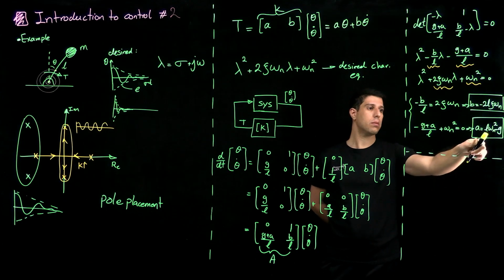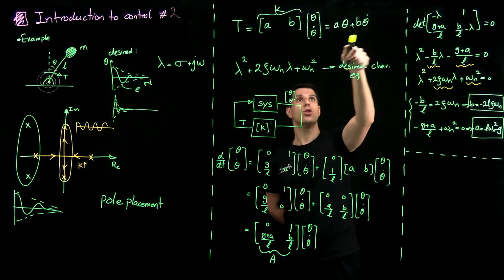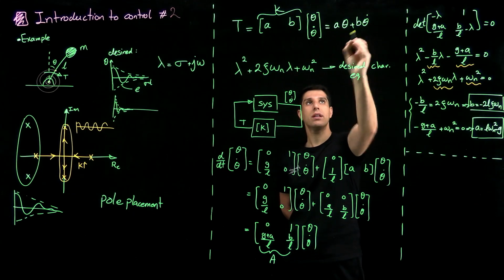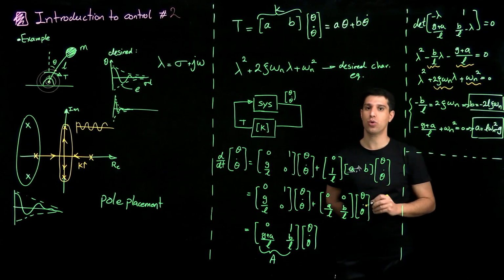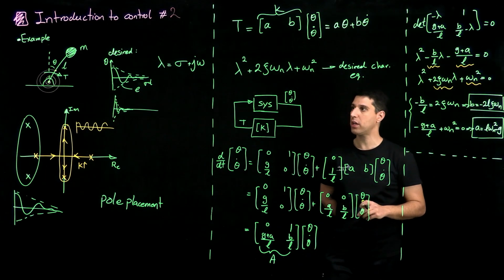I'm still thinking about this. Anyways, what you see is that B is a damping term, and A is a virtual stiffness, so the controller imposes virtual stiffness and damping.